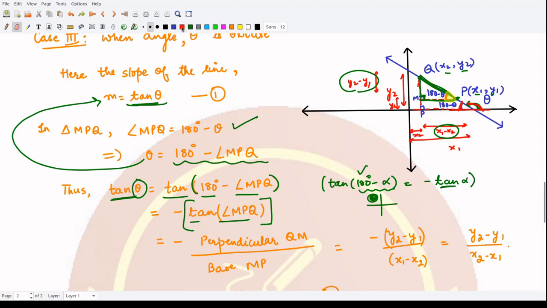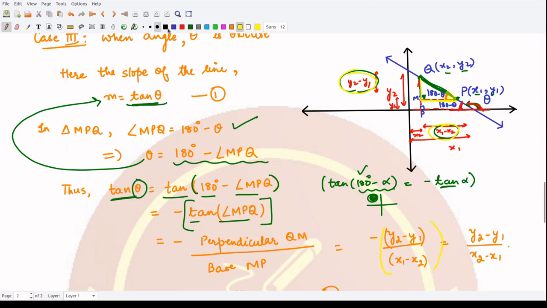And the base corresponding to this angle would be this MP, right? So you have QM, you have MP with you. The value of QM we have just calculated to be y2 minus y1, and the value of MP we have calculated to be x1 minus x2. So you can substitute the values here, right?